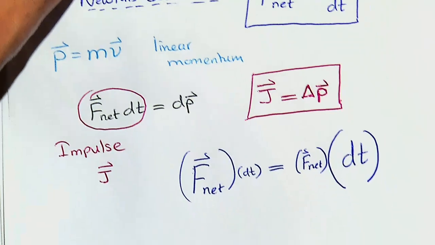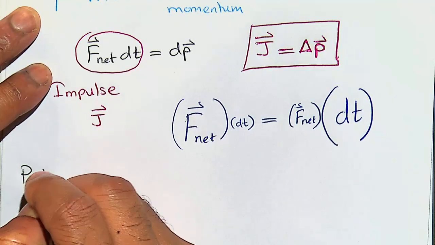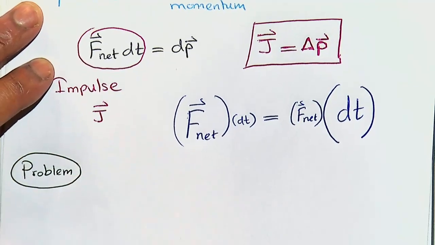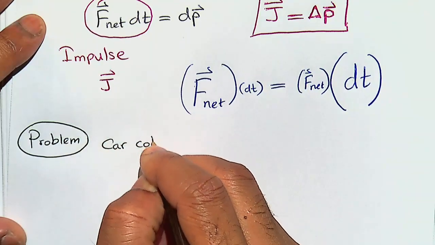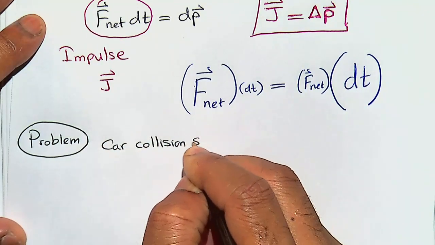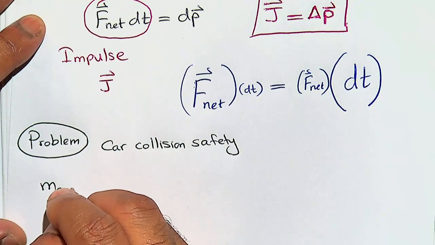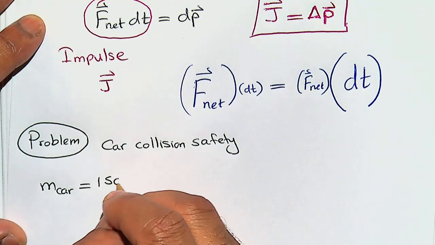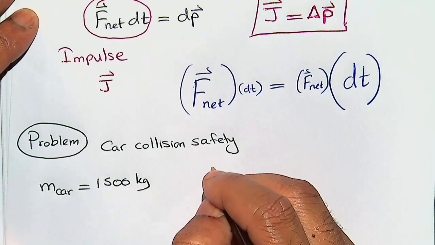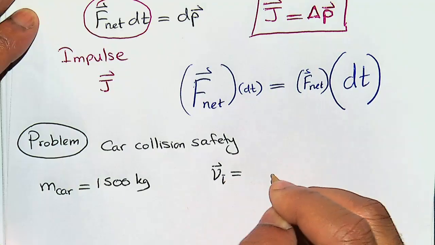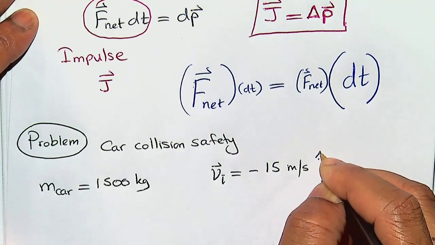Okay, let's do a problem, get a feel for how to use these terms. So we're talking about car collision safety. Let's say there's a car, has a certain mass, 1,500 kilograms. It's traveling initially, the initial velocity is negative 15 meters per second in the i-hat direction.